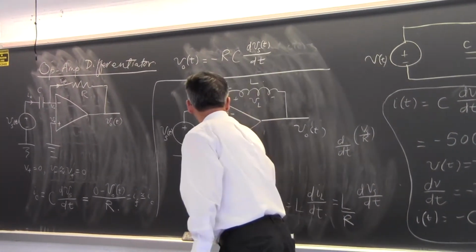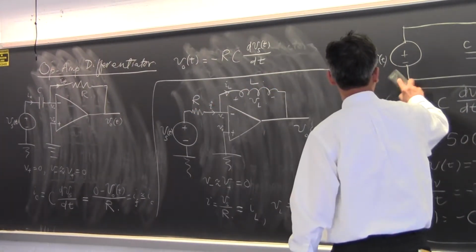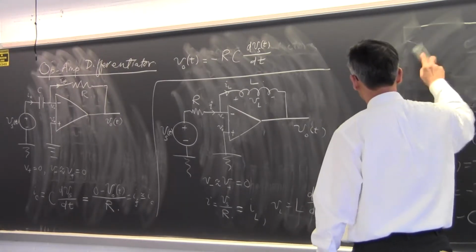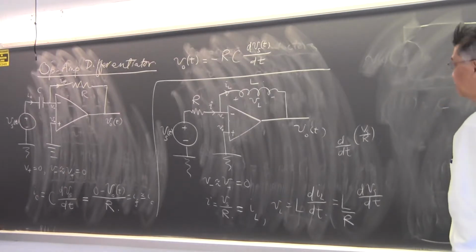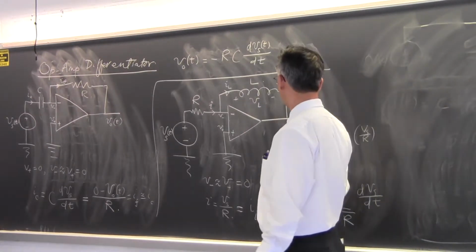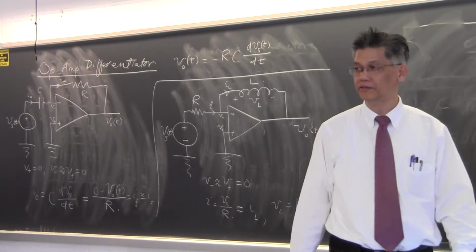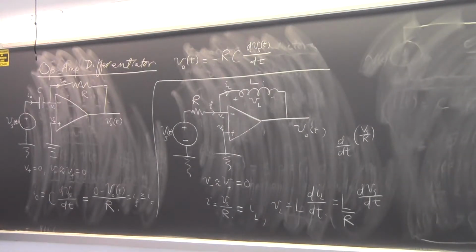But VL and VO, how are they related? If I say that this is VL, how is that related to VO? VL and VO are the same, completely different, or just the opposite of each other. Multiple choice question. They're opposite to each other, right?